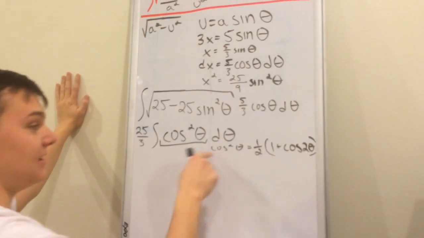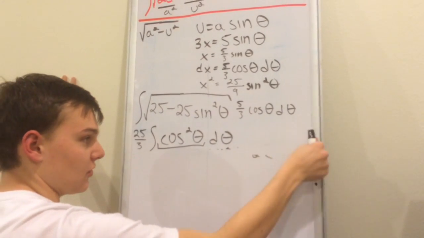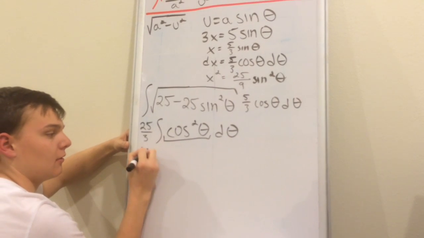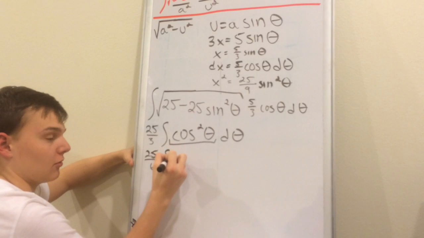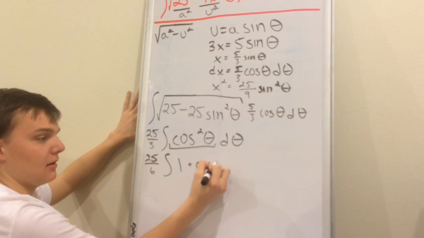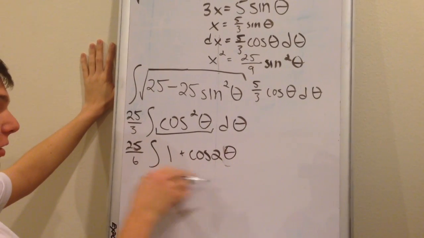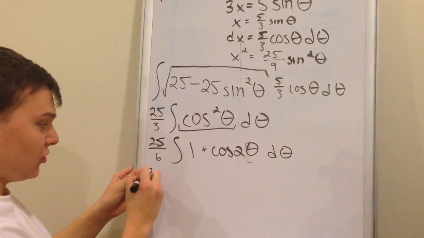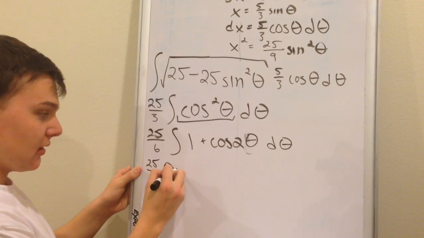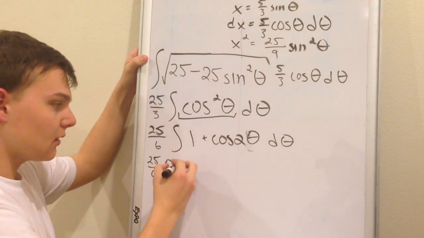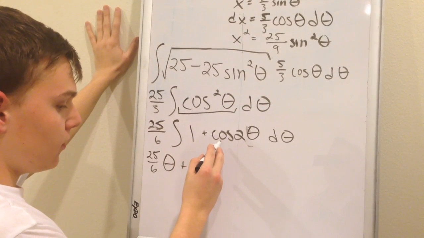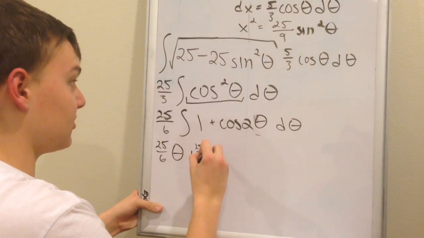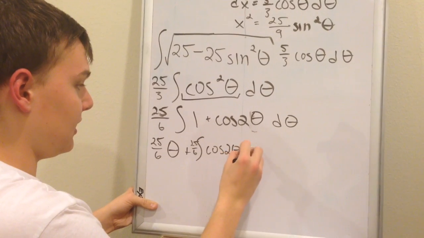Using that, we'll pull out a 1/2, so 25 over 6 times the integral of 1 plus cosine of 2 theta. So after pulling out your 1/2, you recognize that this is 25 over 6 times theta, plus the integral of 25 over 6 of cosine 2 theta d theta.